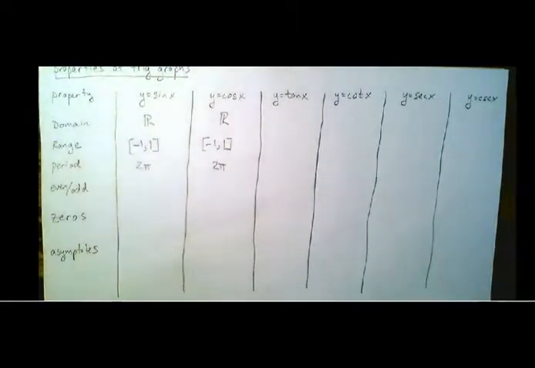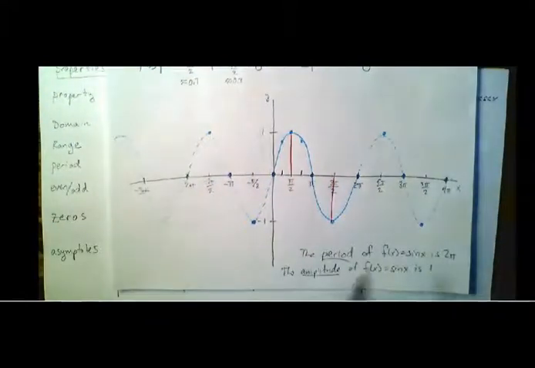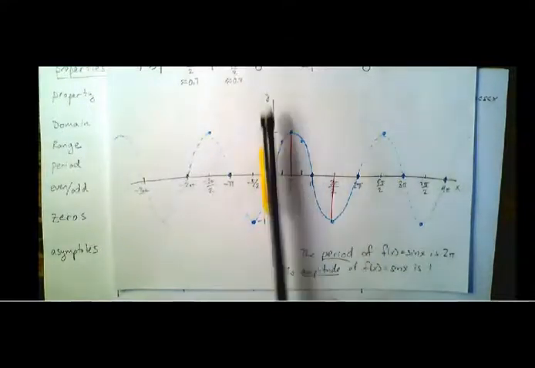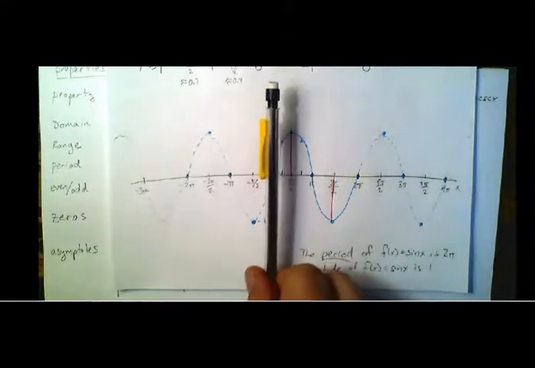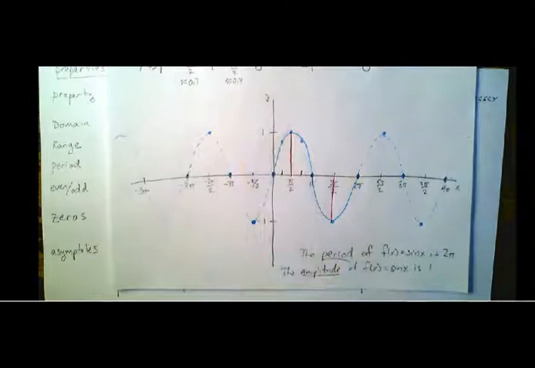Now, if we consider whether they're even or odd, remember that even functions are symmetric about the y-axis. So let's take a look back at sine. Odd functions are symmetric about the origin, right? So let's think about this. If we were to take this curve and fold our paper along the y-axis, where my pencil is, would we get an equivalent matching, some symmetry on either side?